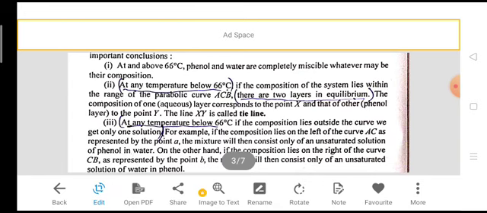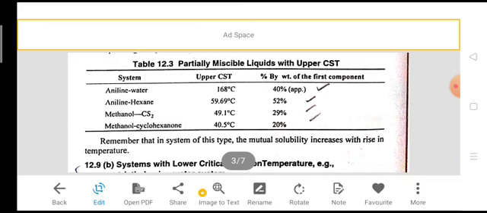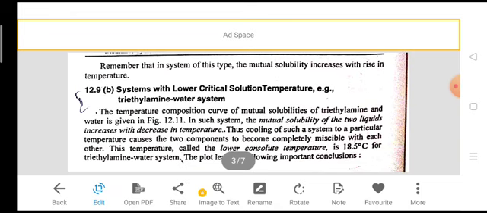Similarly, at point B, it consists only of an unsaturated solution of water in phenol. So this is the upper critical solution temperature system, that is the phenol water system.